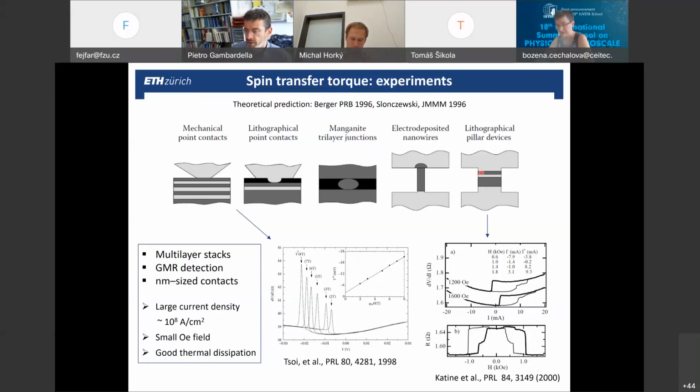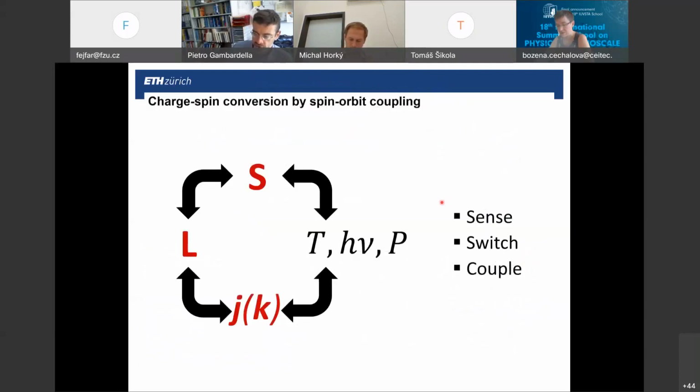Okay. But there are also alternative methods to generate spin torques that are based on spin-orbit coupling. And here really we close the circle between current, that means displacing the electrons in k-space, which means also that we're changing their orbital motion, and then we connect again to the spin magnetization through spin-orbit coupling.